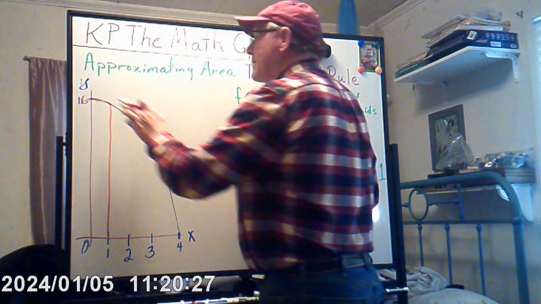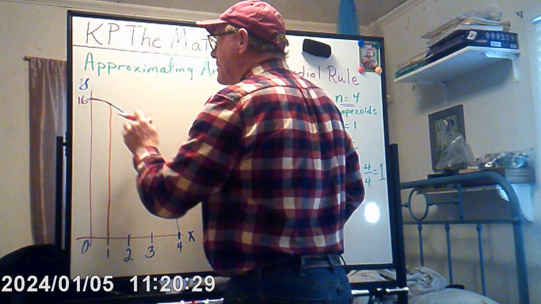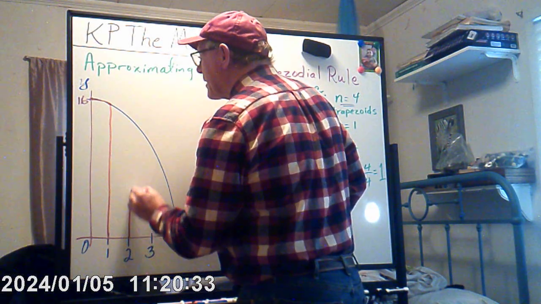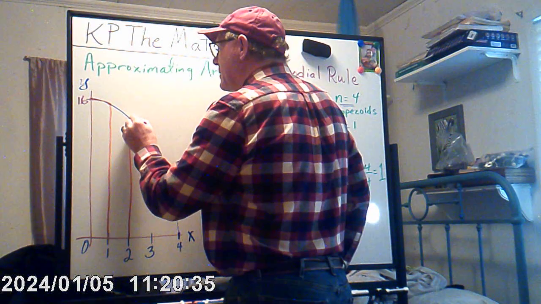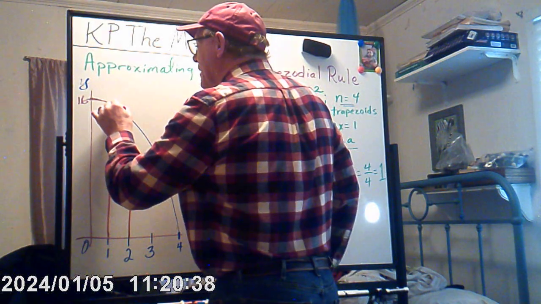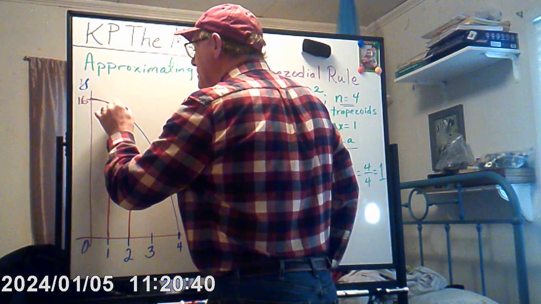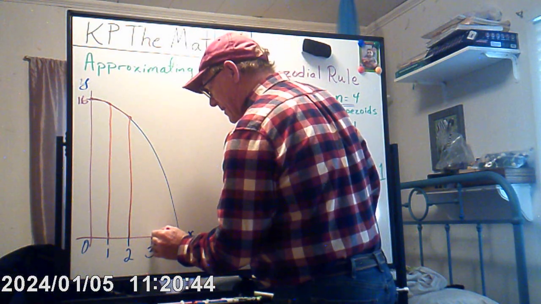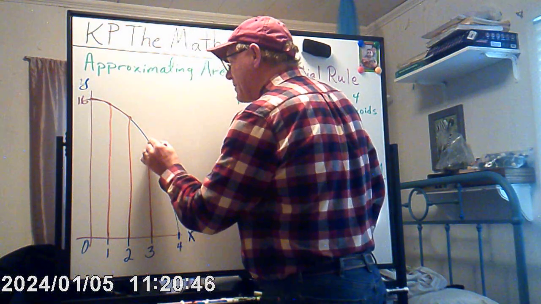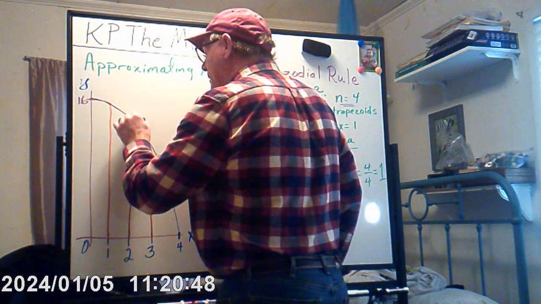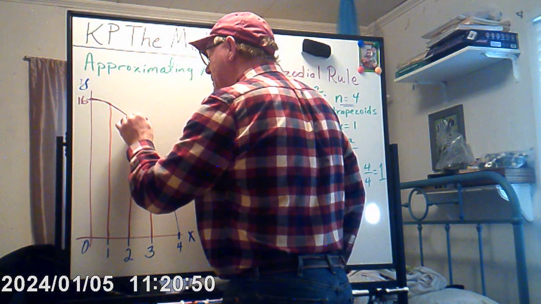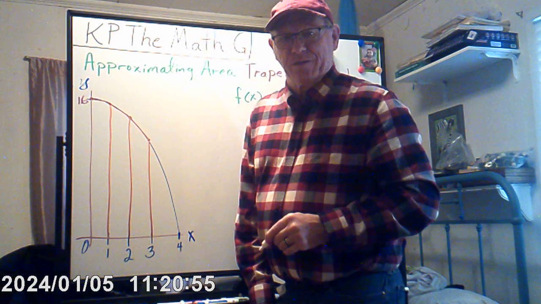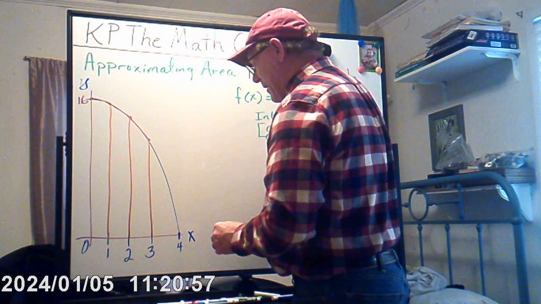Then straight up till we get to the line here, and we make a trapezoid from here to here. Then we do it again, straight up till we stop, and make a trapezoid like this. Wow, it's clinging pretty close to the curve, isn't it? That's pretty cool.